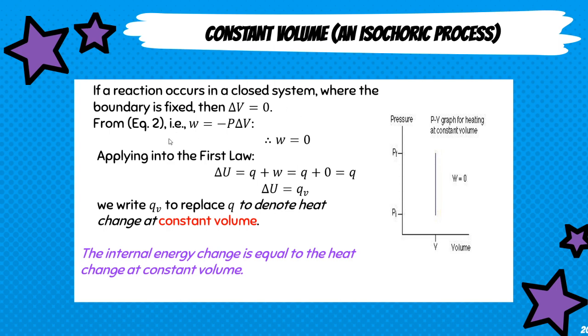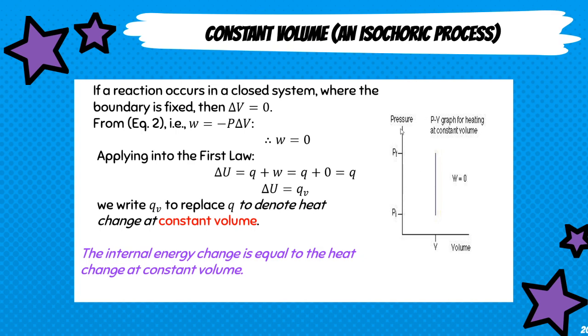If you apply that into the first law equation, that gives you delta U equals Q, and to signify that it's a constant volume, sometimes we add the subscript V here to signify that this is heat for a constant volume. Hence the internal energy change for an isochoric process is equal to the heat change at constant volume.